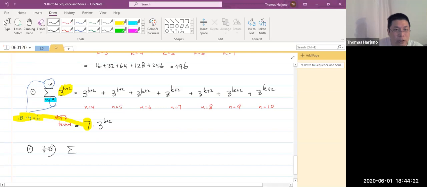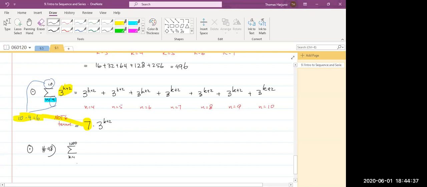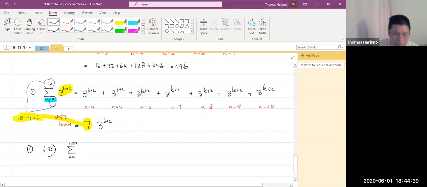The summation for k equals 1 to 1000, how many terms here? From 1 to 1000? 1000 terms, the summation of 5.